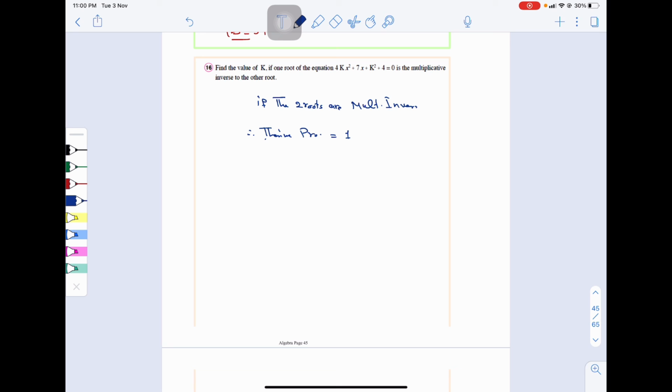So the product of the two roots equals c over a. c, k squared plus 4, over a, 4k, equals 1.